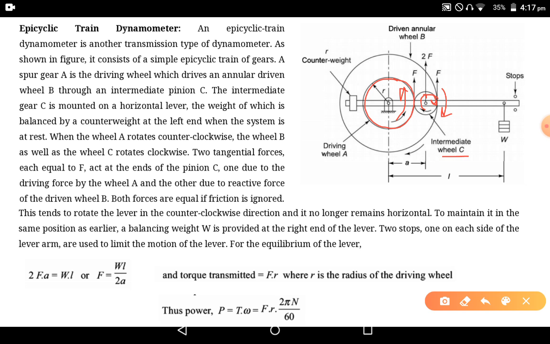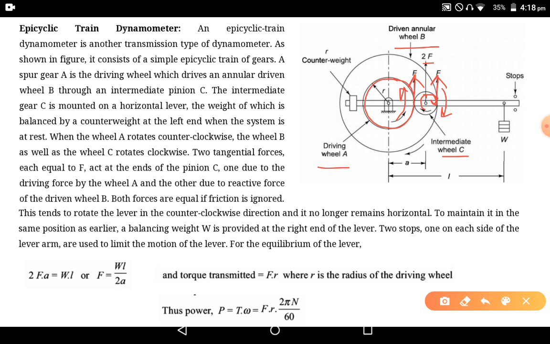This annular wheel will apply a reaction force on this intermediate or planet wheel on the opposite side of the motion, right. So on the planet wheel there will be a total of two forces acting, and these forces are due to the engaged gears, or you can say driving wheel A and driven wheel B, right. So the total force which is acting on this planet wheel or the intermediate wheel will be 2F.